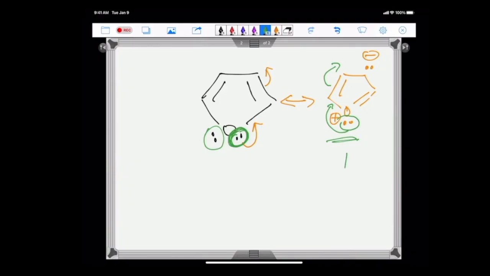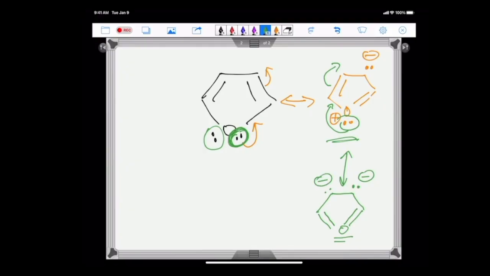Let's draw the structure. The sigma bonds don't change, right? So it's still a five-membered ring. I did not touch this pi bond. I still have a lone pair over here that's negatively charged. Oxygen was positive, but we just took the other lone pair and I created a new pi bond here. I also put another lone pair out here.